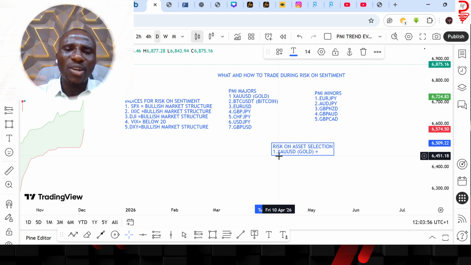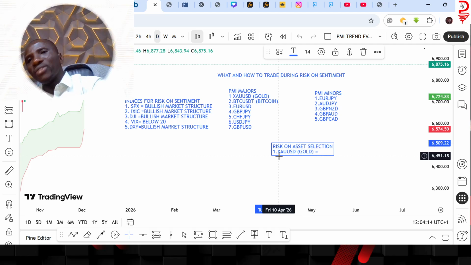There is no panic of any sort that the investors can be looking into saving their asset or capital in a safe haven. So because there is a level of stability in the market during risk on sentiment, investors will move their money away from safe haven, and gold is one of the safe havens on a global level.